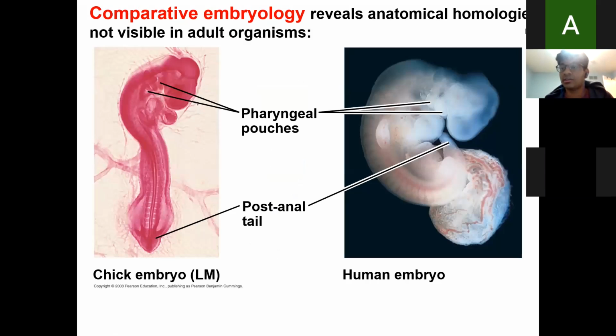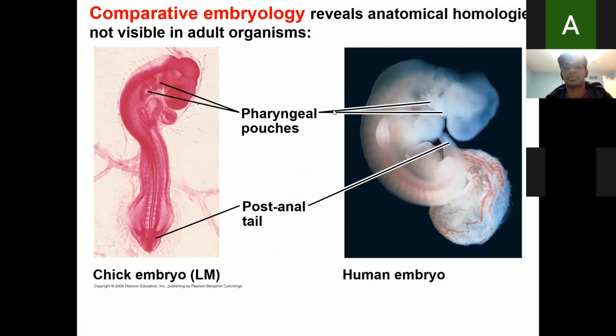Embryology is another way to show how all species are really related. If you look at a chicken embryo versus a human embryo at an early stage, they actually look incredibly similar. They have some traits that just don't develop into fruition later on, and those are there because they were originally there from a common ancestor.